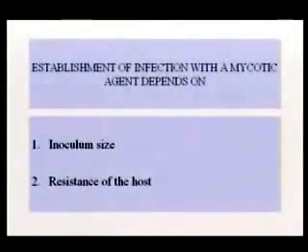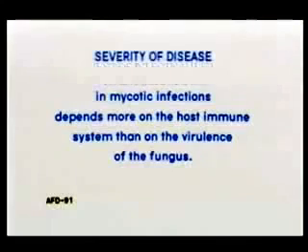The main reason we get infected are the inoculum size and the resistance of the host. The majority of normal hosts do not get infected with fungi. It's usually a mild infection, but those who are impaired will get a good infection.